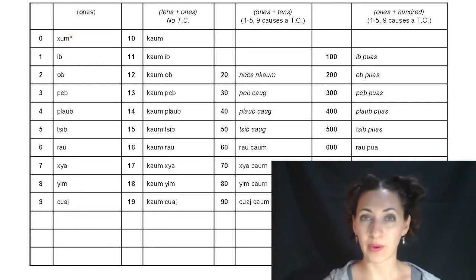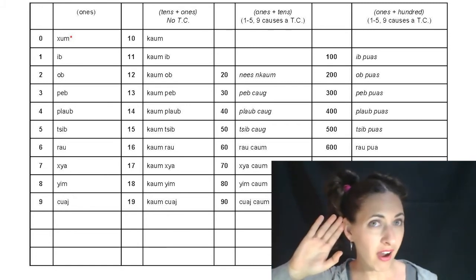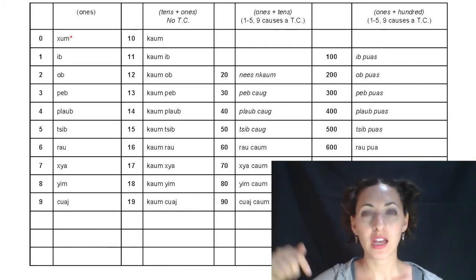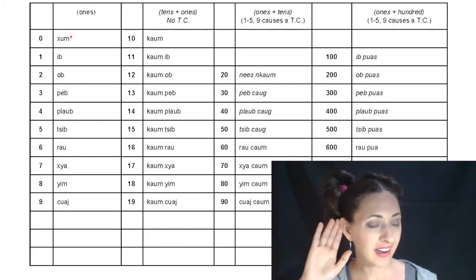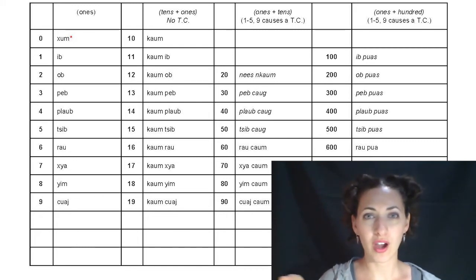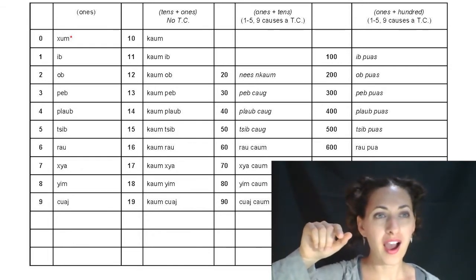So 11, Gao I, Gao A, Gao Bei, Gao Blau, Gao Ji, Gao Zhao, Gao Xia, Gao Yi, Gao Jua.